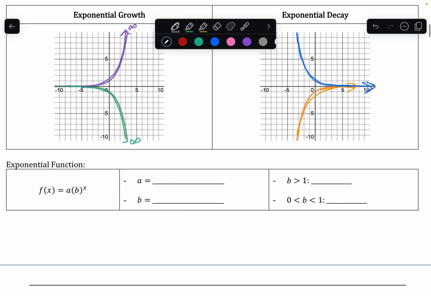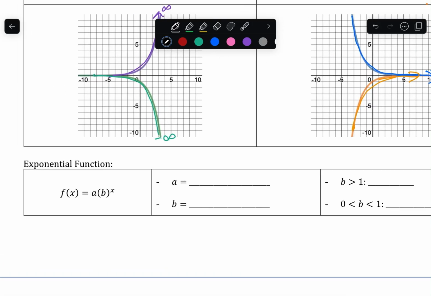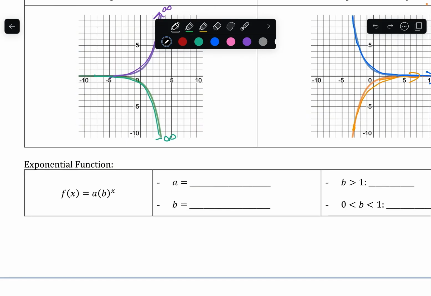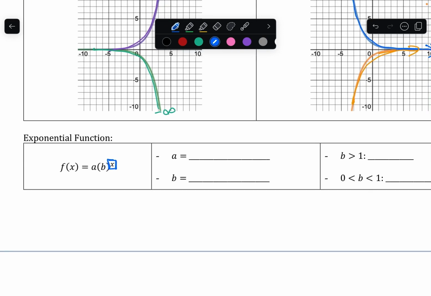In general, we have an equation. Instead of mx plus b, it's a times b to the x power. You're going to recognize an exponential equation because your exponent is an x. That's where your x is. It's in the exponent. And so this a value in front is going to be your y-intercept this time.